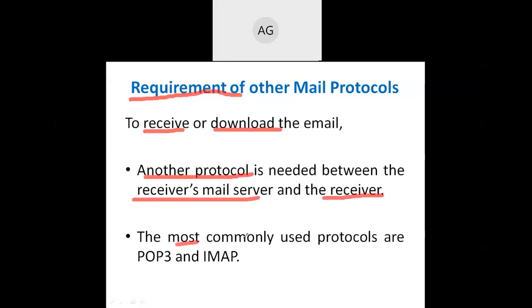The most commonly used protocols are POP3 and IMAP. POP3 is basically a version of the POP protocol. We will discuss these protocols later today. These protocols are used at the receiver side, between the receiver's mail server and the receiver.